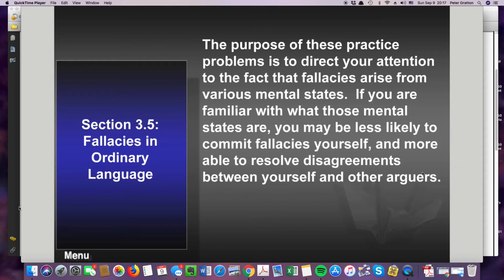But let's try. The purpose of these practice problems is to direct your attention to the fact that the fallacies arise from various mental states. If you're familiar with what those mental states are, you may be less likely to commit fallacies yourself and more able to resolve disagreements between yourself and other arguers.